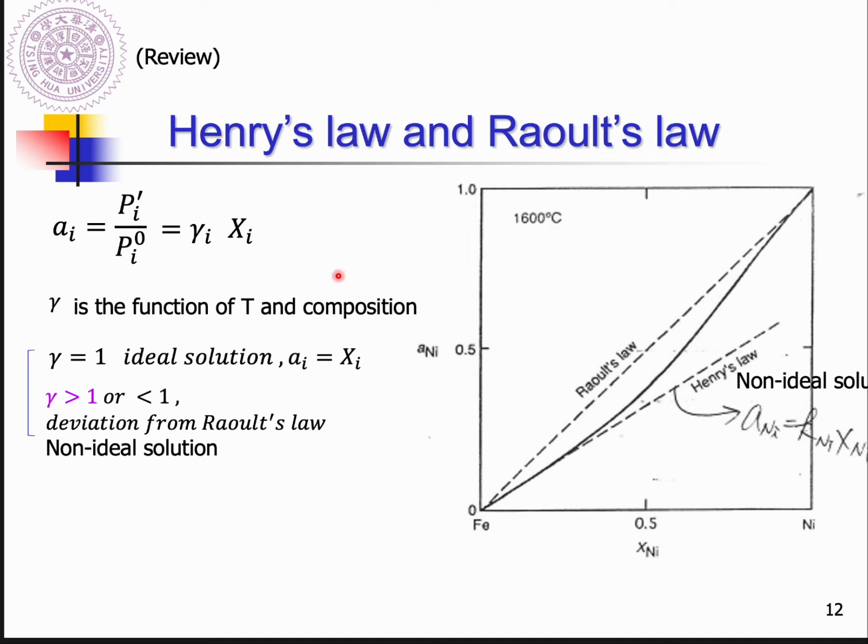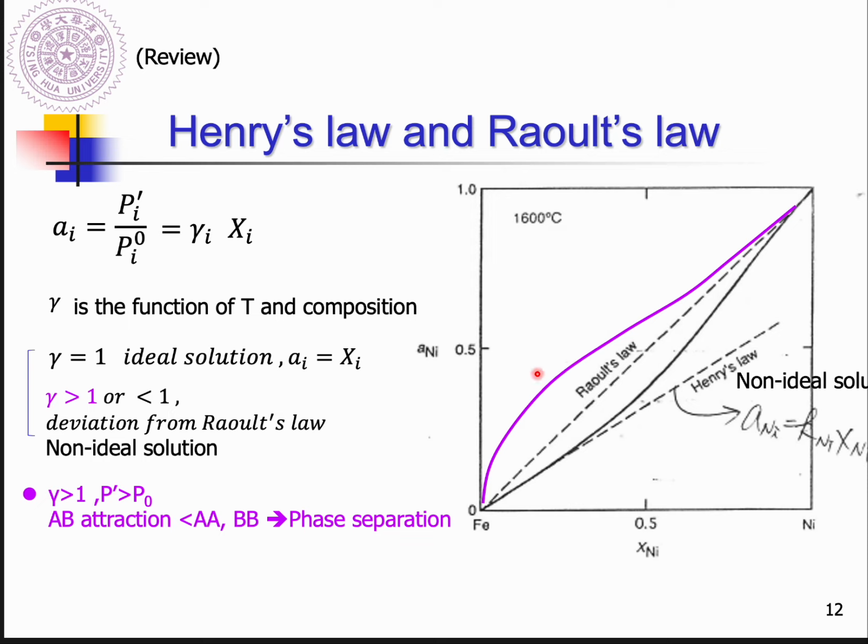The first is gamma larger than 1, or gamma smaller than 1. So this purple curve is deviated. Gamma larger than 1 is a positive deviation from Raoult's law. It's one kind of non-ideal solution. If gamma is larger than 1, what does it tell you? The vapor pressure after mixture is larger than before mixture.